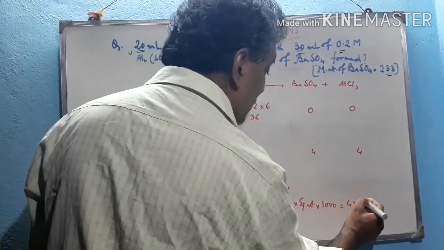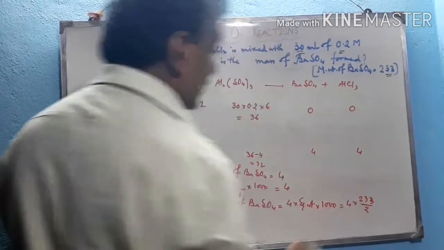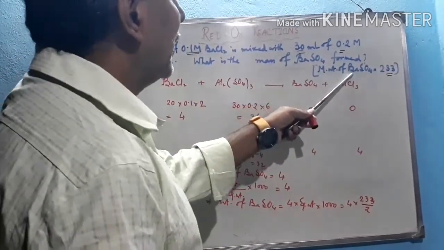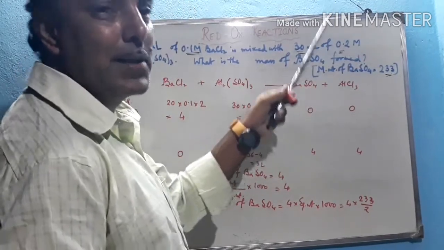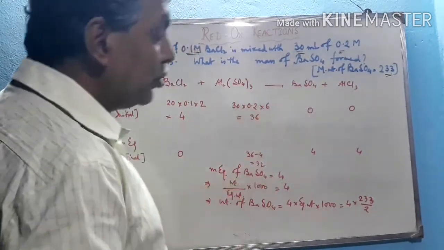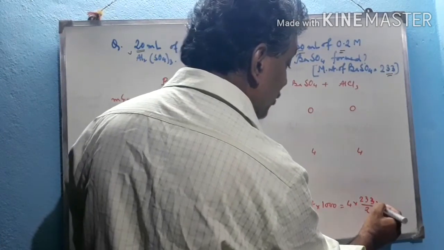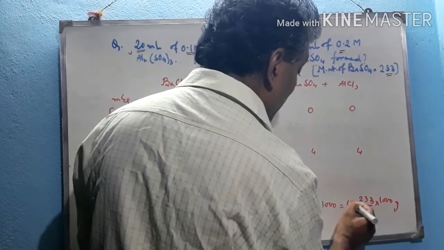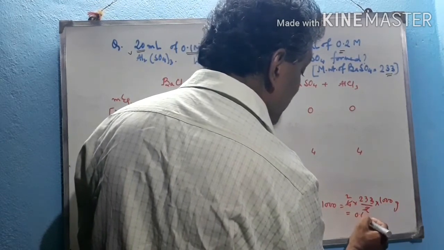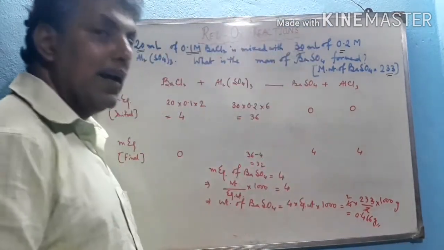The molecular weight is 233 and here the N factor is 2. See this, barium sulfate, number of cations is 1 and its valency, barium being a group 2 element, is 2. So 1 into 2, that means 2. Equivalent weight is the molecular weight by N factor. So see the value, 0.466 gram, which is the same as the previous example.